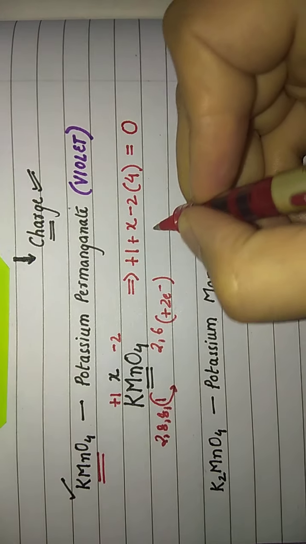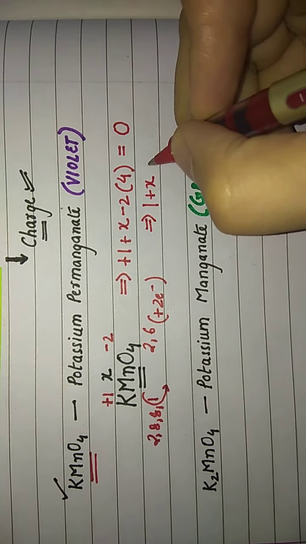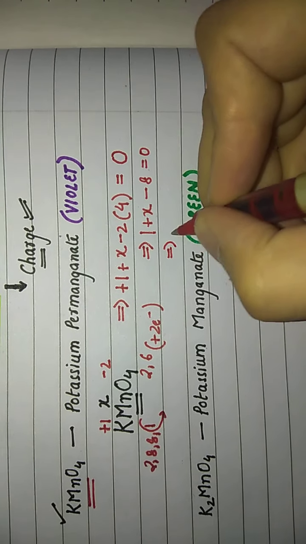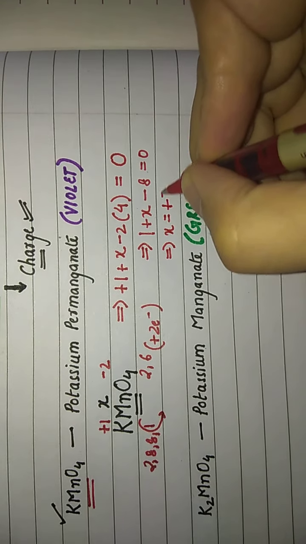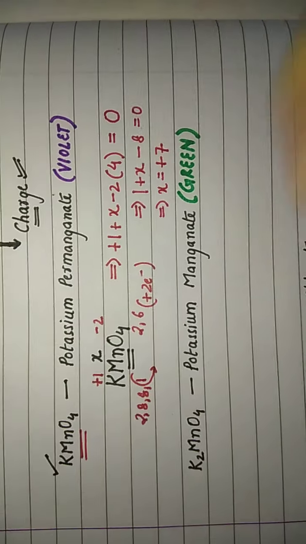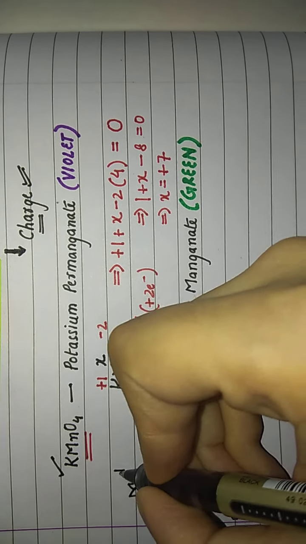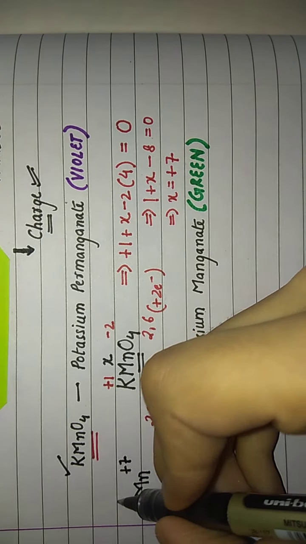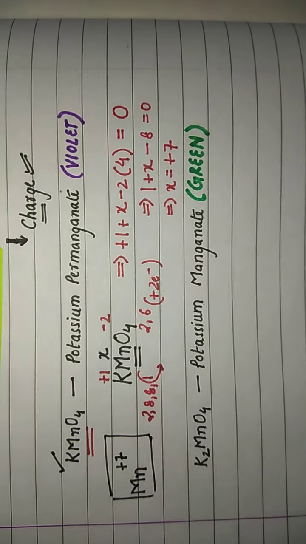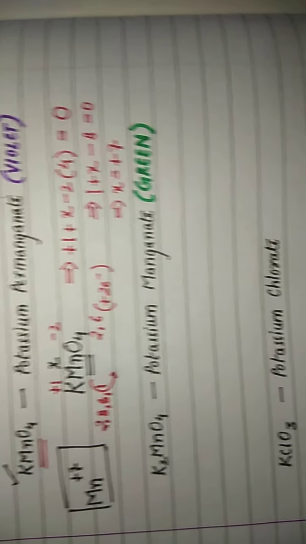So this is my final equation: 1 plus x minus 8 is equal to 0. Hence, x will be equal to +7. So that means manganese in this particular compound exhibits an oxidation state of +7. So the oxidation state of manganese in potassium permanganate will be +7.